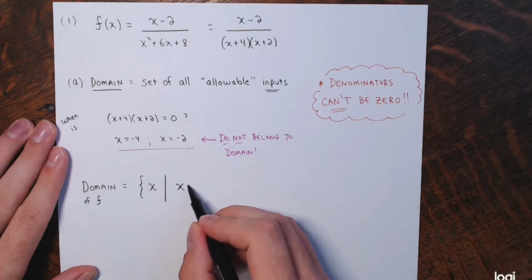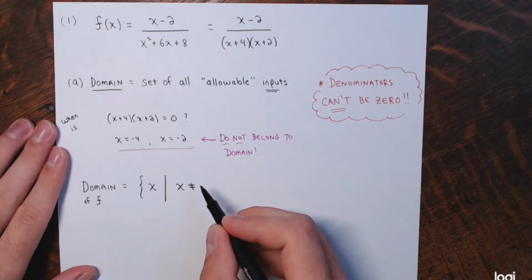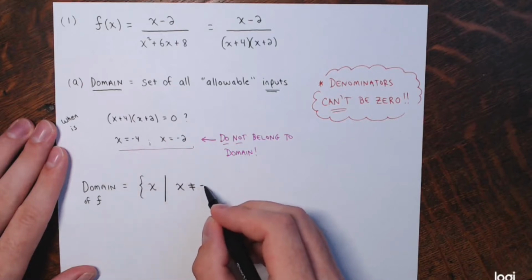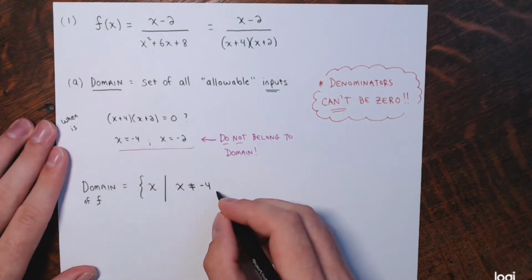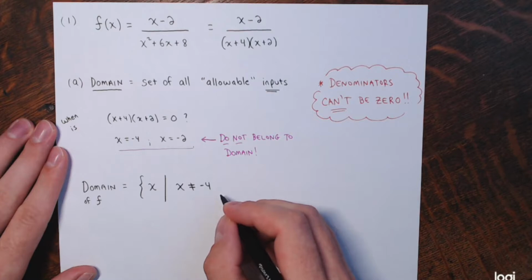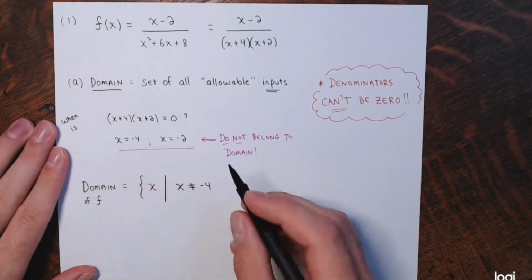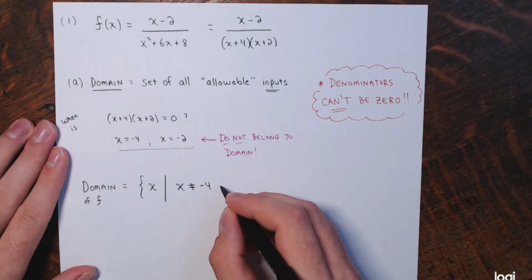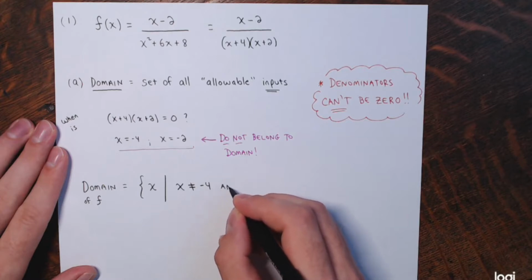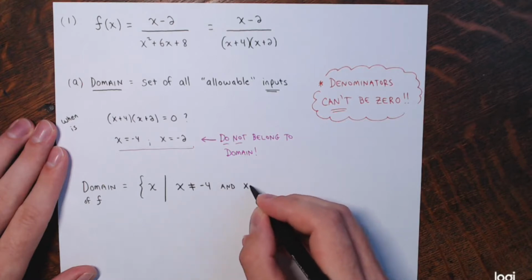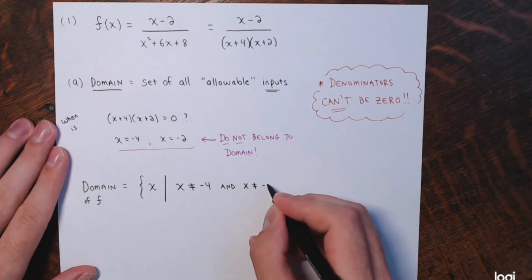x is not equal to negative 4, and then we could put a comma, but I'll just say "and": x can't be negative 4, and x can't be equal to negative 2.